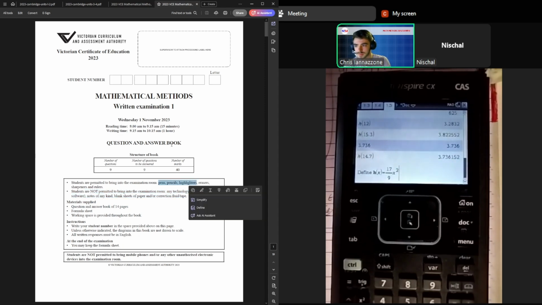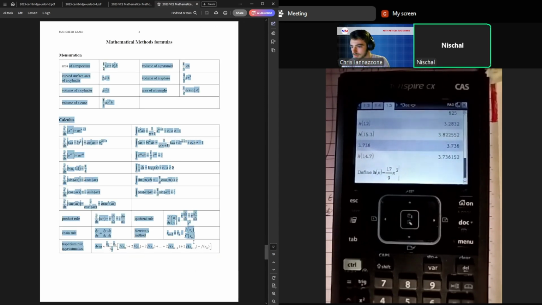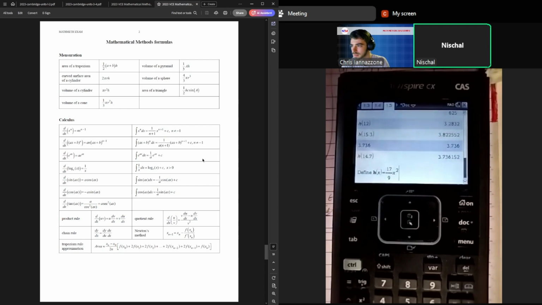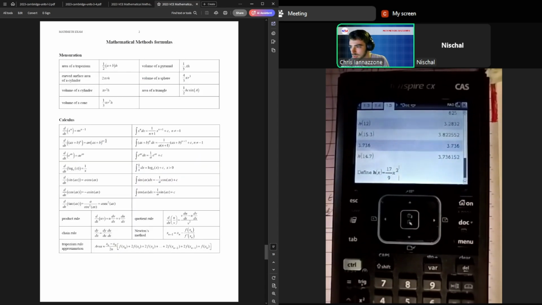Just pens, pencils, and the formula sheet. The formula sheet is on the back of your exam, and it looks exactly like this. So you can see what stuff you do need to know and what stuff you don't. A lot of the probability stuff you don't need to memorize, volume, areas, some of that, and when you start getting into the calculus stuff, you'll have those there as well.